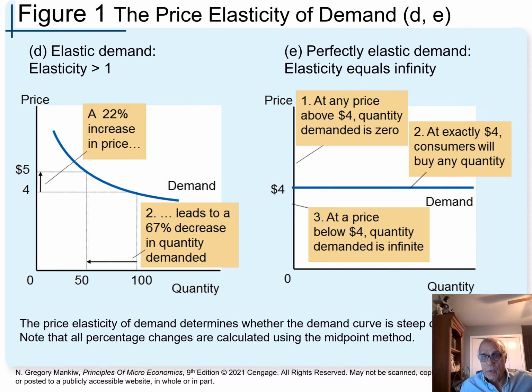Everybody is going to switch to the substitute product, a perfect substitute. And at the price of $4, anybody who wants and is able to buy this product can do it. If the price goes below 3, then everybody else switches to this product from all other products that it substitutes.